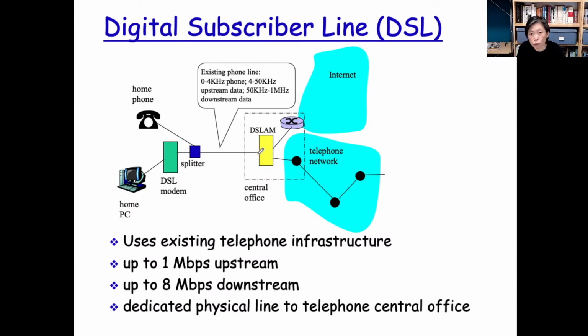Some of those could be analog voice for the telephone network. It will go this way. Some of those are for the internet. It will go the other way. And before this analog signal can go out to the edge server, the DSLAM also demodulates the signal from analog back to digital so that it can travel the digital data network.